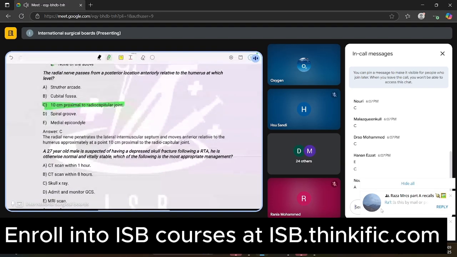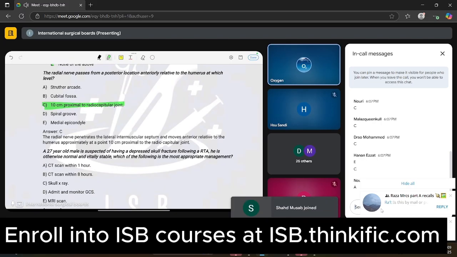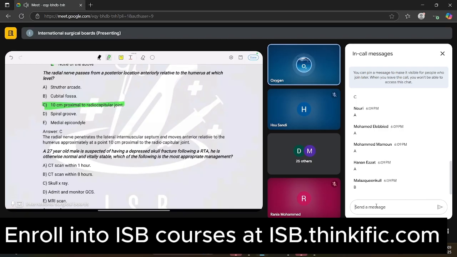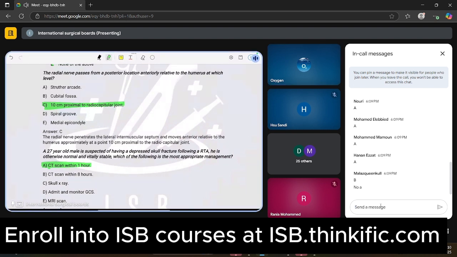Okay, so he's got a fracture, and so you've got to do a scan. I would say A, you can't hang around. That's correct. That is one of the indications for urgent CT scanning within 1 hour, which is depressed skull fracture.